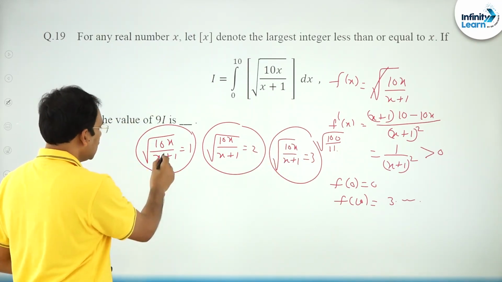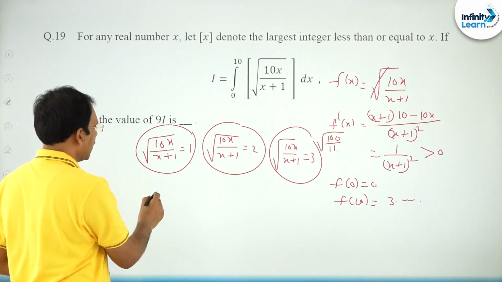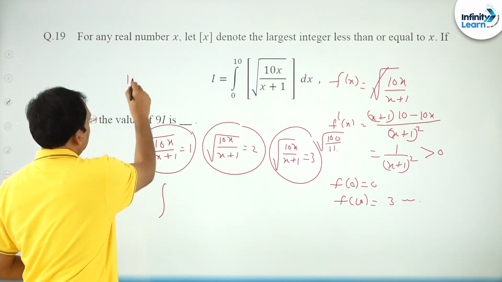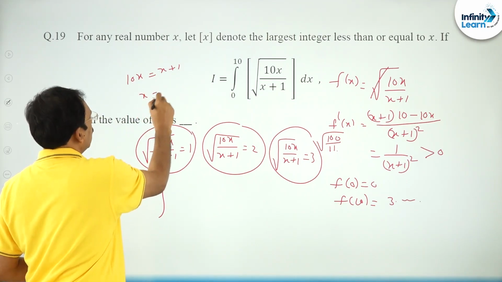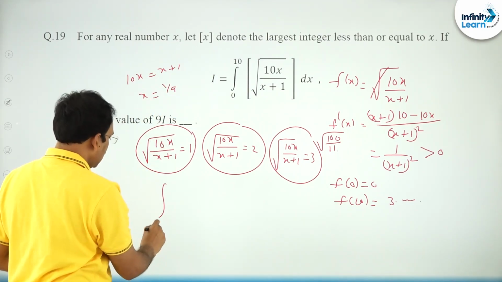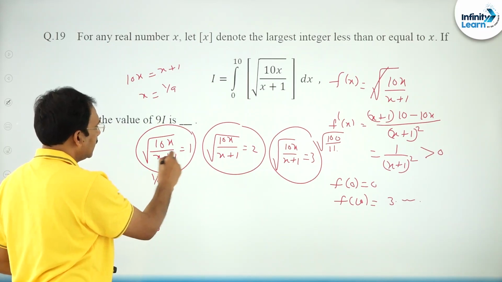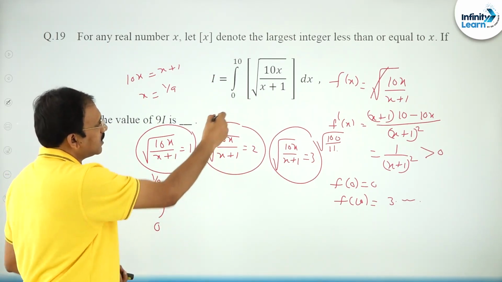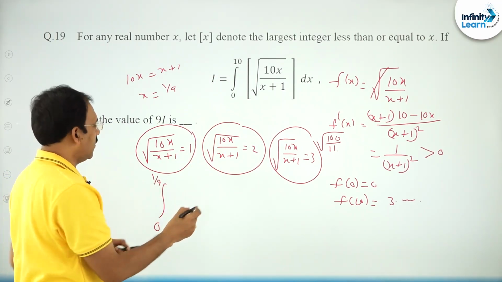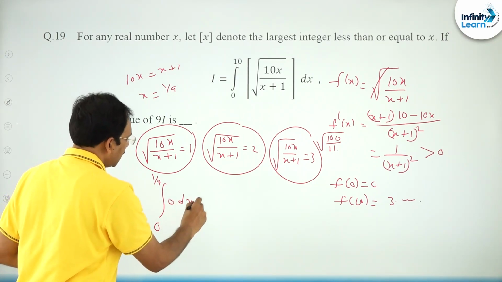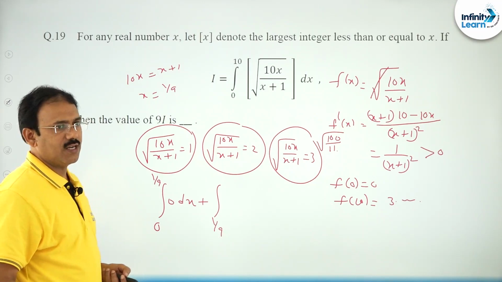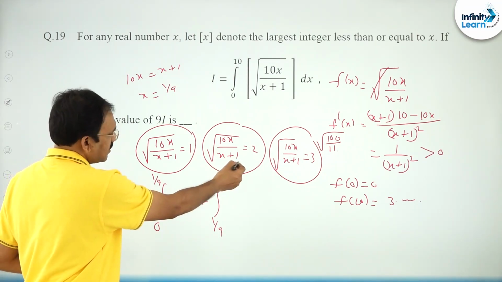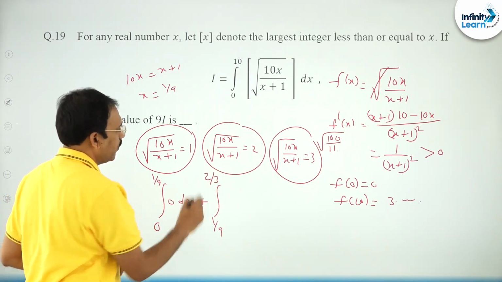So this will become 10x is equal to x plus 1, which means 9x is 1, so x is equal to 1 by 9. So the integral from 0 to 1 by 9, the value is less than 1, between 0 and 1, so 0 dx. In the same way, from 1 by 9 to 2 by 3, you can just solve it, you get x value 2 by 3.